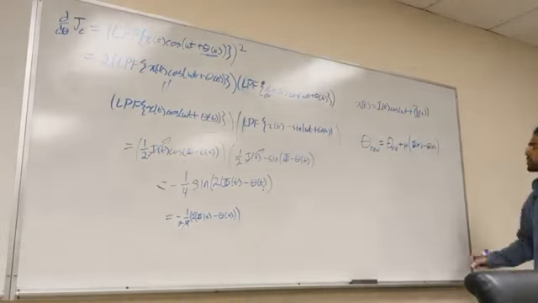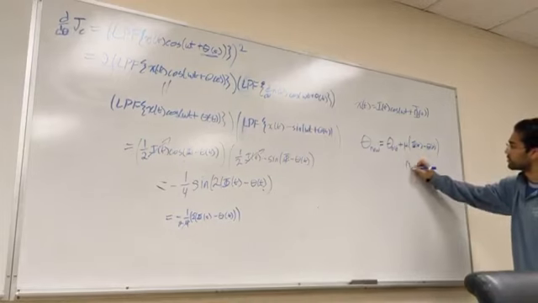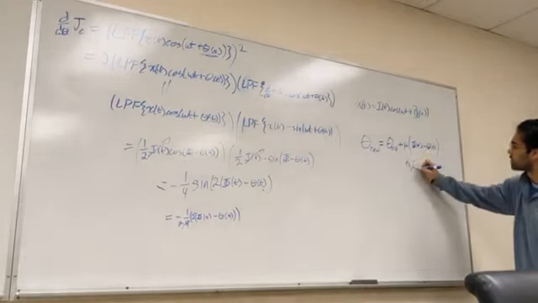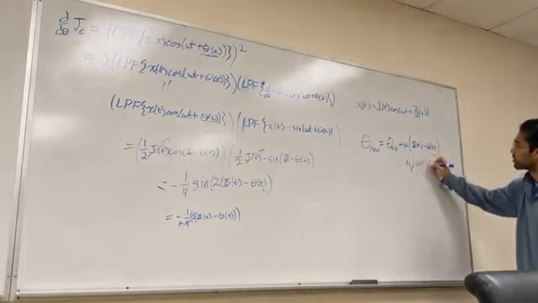And this is synonymous to PID right here. This is your proportional component. Kp times an error.